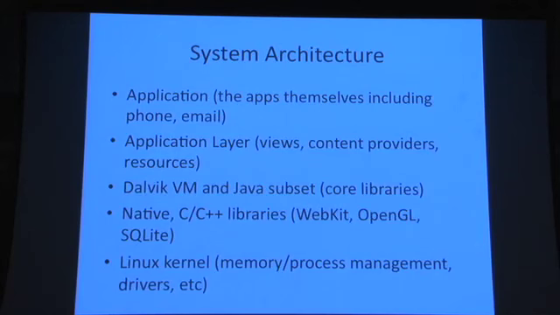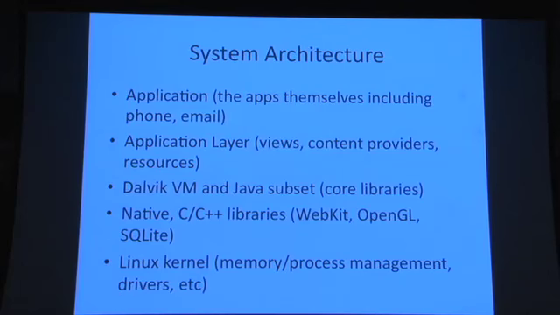So this is the views. So this is like the gallery, the linear layout that Dan mentioned at the end of class. The content providers and also the resources. These include just non-code based things such as layouts, images, and other things. And keeping going down further is the Dalvik virtual machine.